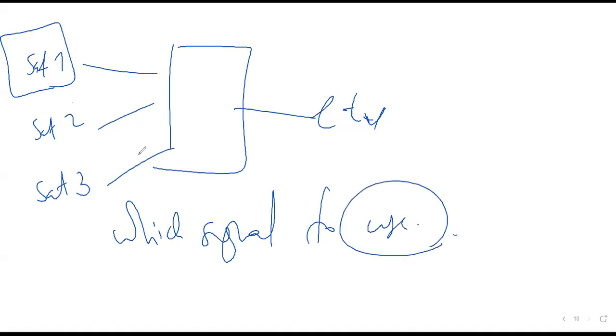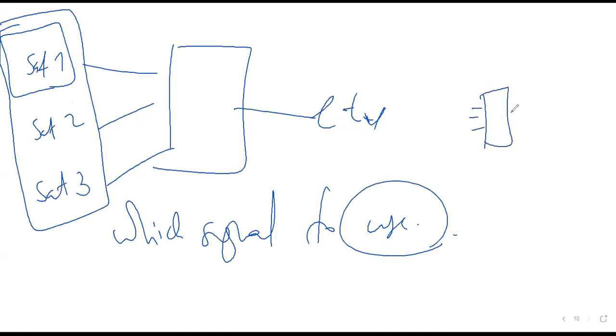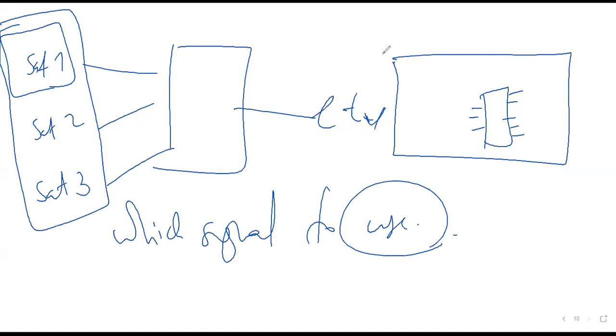Without a decoder, you have confusion of which signal you are supposed to be using. I'm sure there is this simple decoder we are talking of in that big decoder.